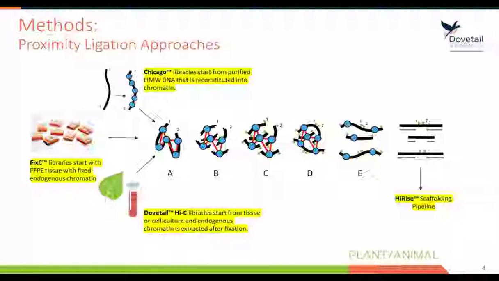And essentially, you're going to get every possible representation of a ligation event for each of these molecules. In this case, you can see that 1 and 2 that used to be very far apart are now literally joined together. And that's going to be very valuable long-range proximity data that we're going to be able to utilize.